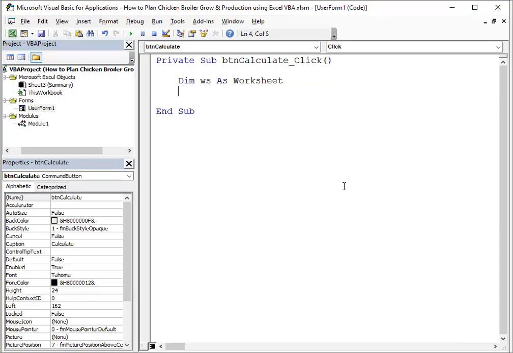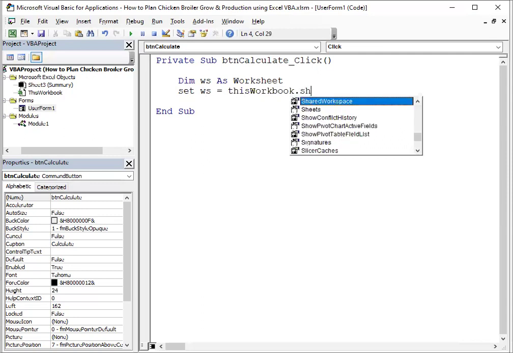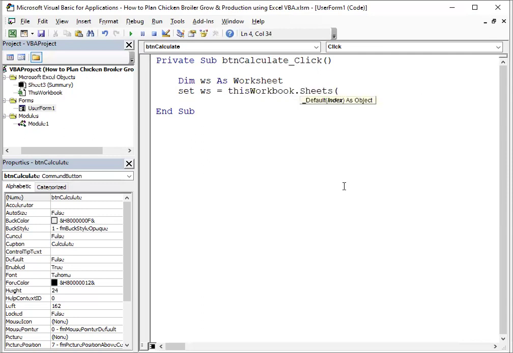Then right away I'm going to set ws equals ThisWorkbook.Sheets. Remember the worksheet was the summary worksheet, right? So quotation marks, close, enter.